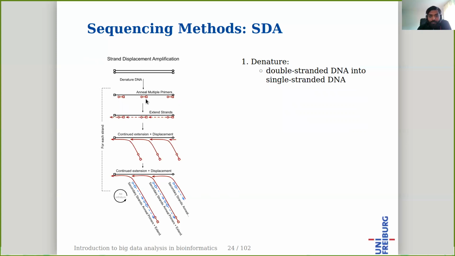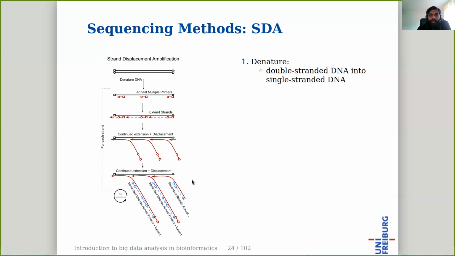Once it reaches the next primer, it just displaces it and continues, and the strand that we sequenced is just ripped off. Then on this ripped off strand, new primers are attached again, and this process continues. This really yields a high throughput.